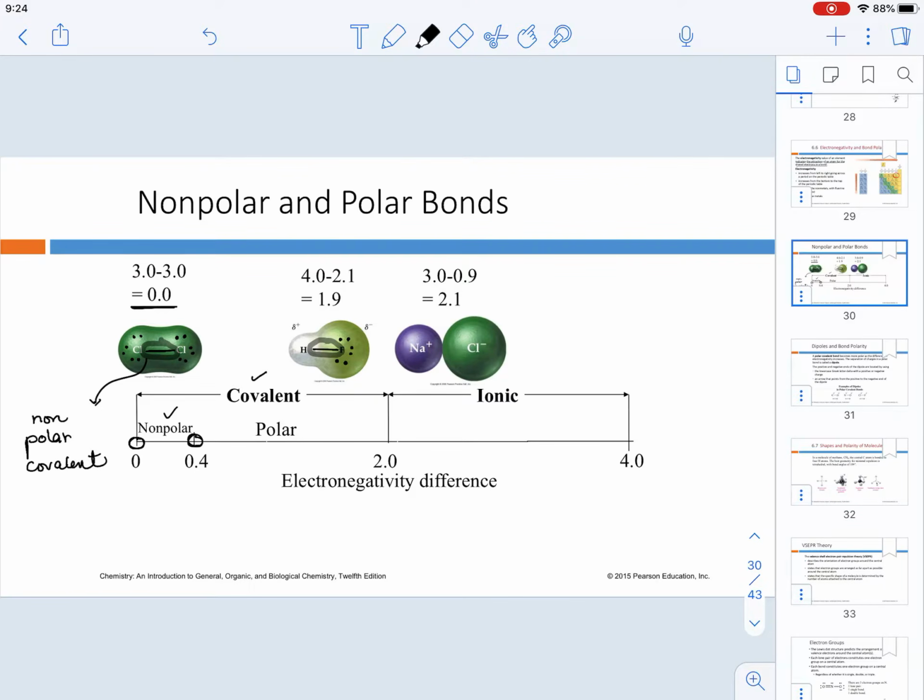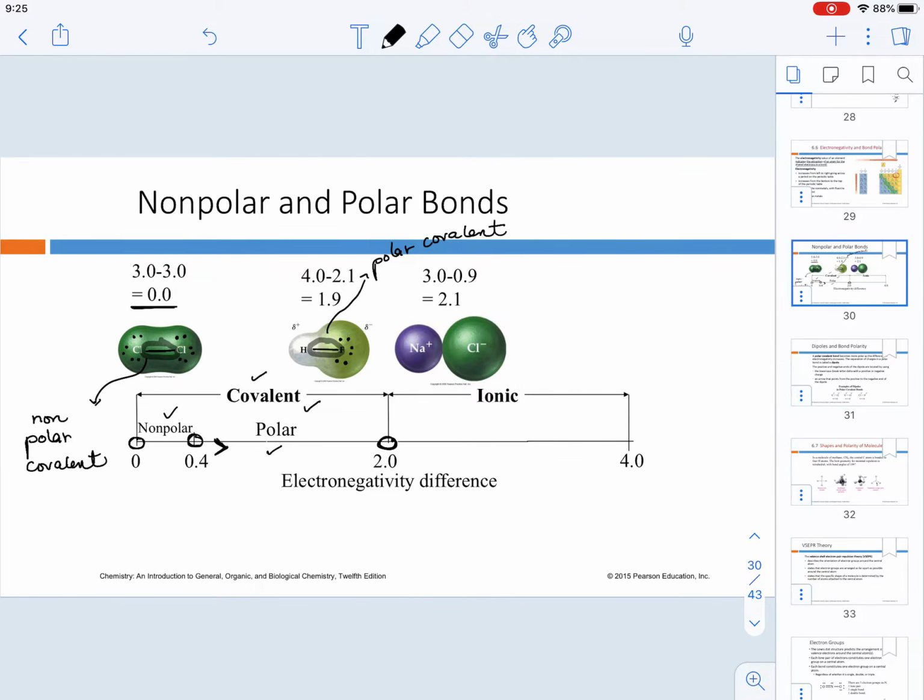So because the difference in electronegativity values between the two atoms is 1.9, then that means that that bond specifically is a polar covalent bond. Okay? So anytime you take the difference between two atoms and the value is higher than 0.4 up to 2.0, then that means that we have a polar covalent bond.